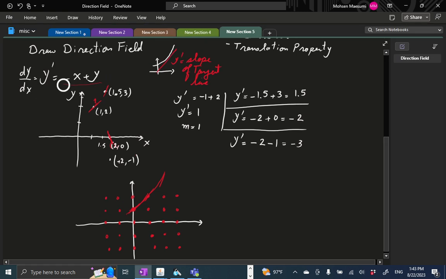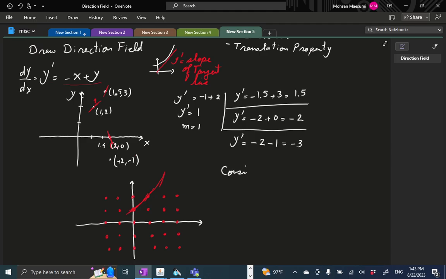For example, we can answer the following question: when is y an increasing function?